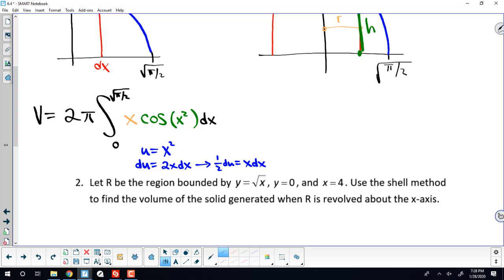So we've got our 2 pi integral. We're going to put in a 1/2 and a du for the x and the dx, and then this is just a cosine of u.